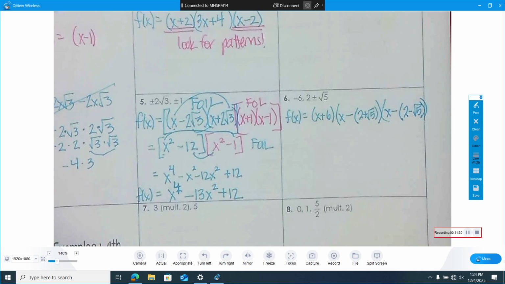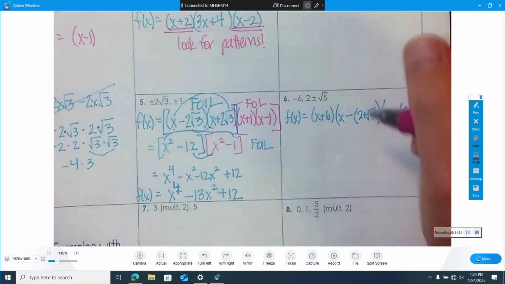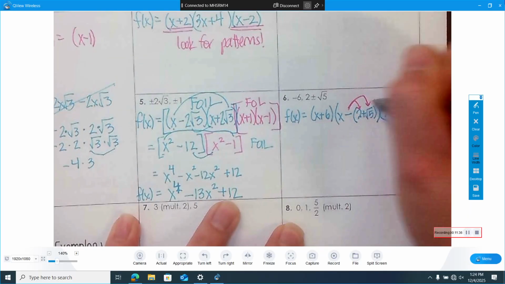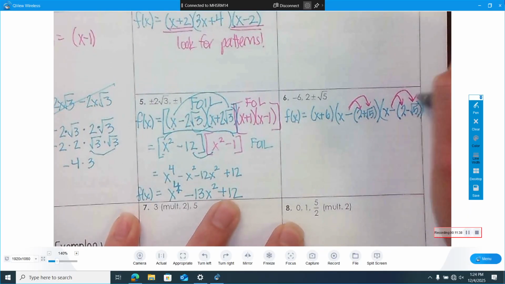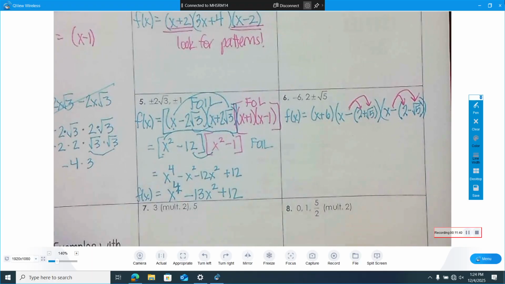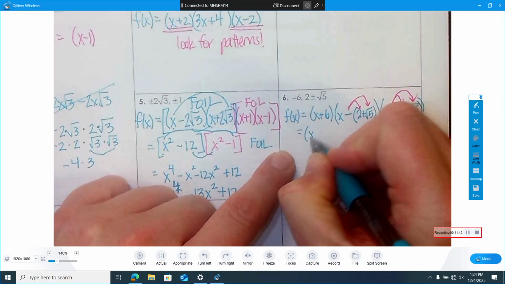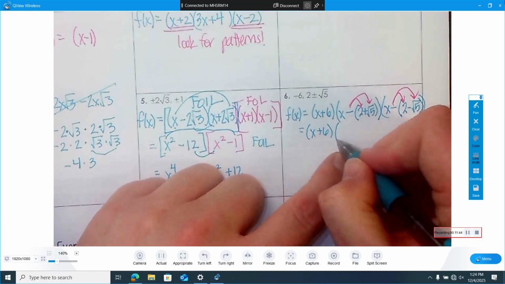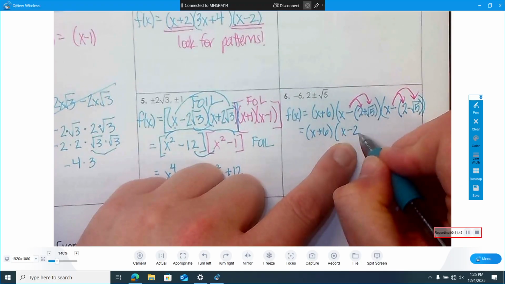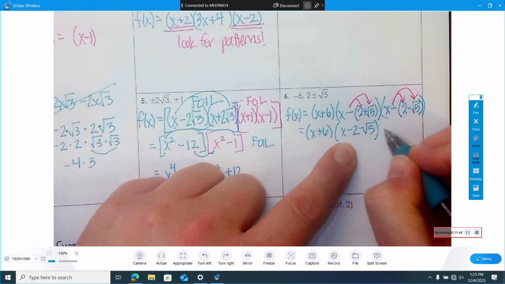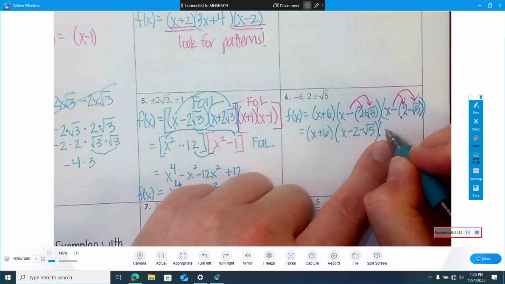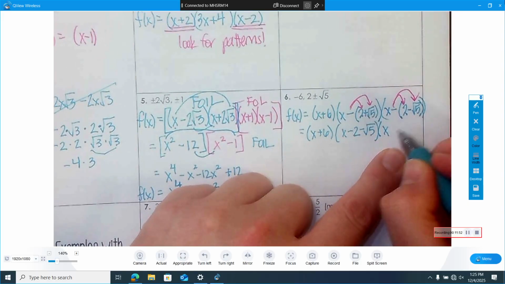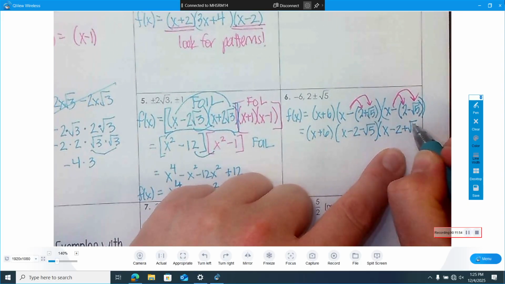I want to go one more step and distribute this negative, which you might be able to do in your head. Okay. I'm going to distribute my negative. That's going to give me x minus 2 minus radical 5. And then I get x minus 2 plus radical 5. Okay.